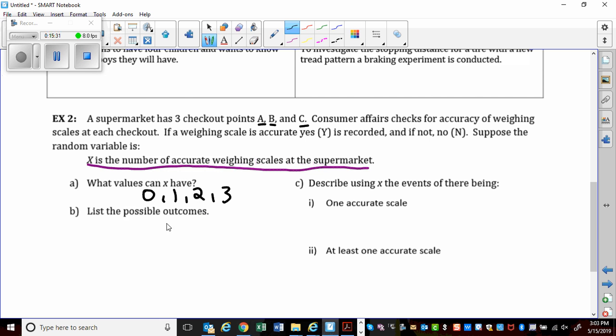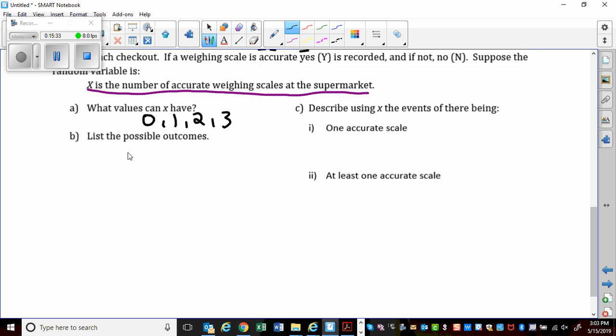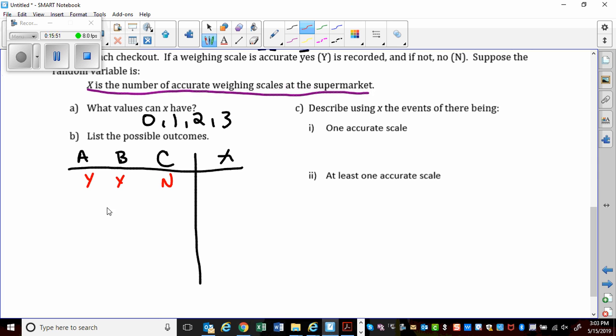And the list of possible outcomes could be something like, let's say this is A, B, C, and this is X. We could say that these 2 work and this one doesn't, or we could say none of them worked.